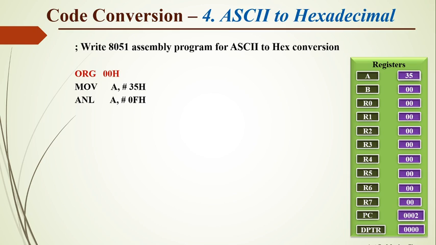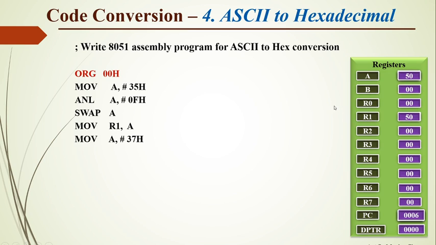So we get the leftmost digit in the accumulator after execution of this instruction, that is 05H. We have to swap it, so we get 50H in the accumulator. Now store this 50H into register R1.